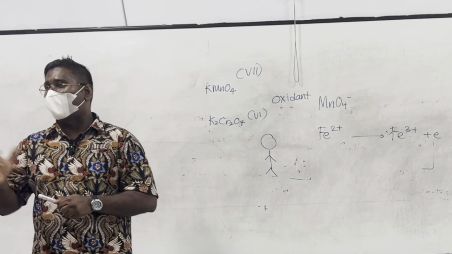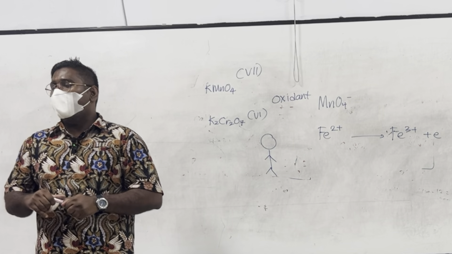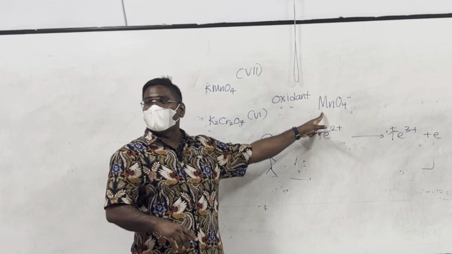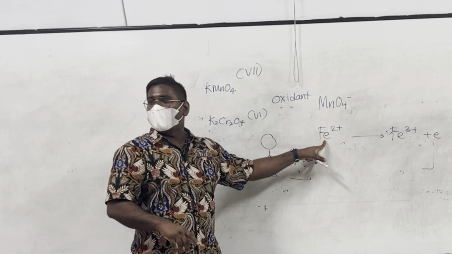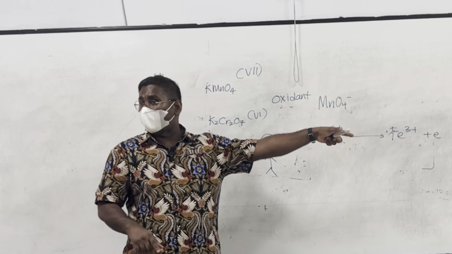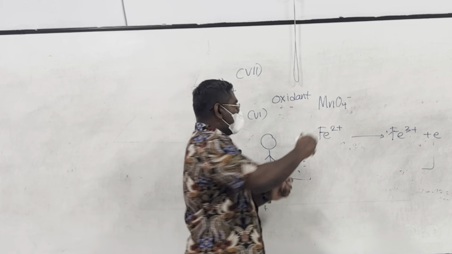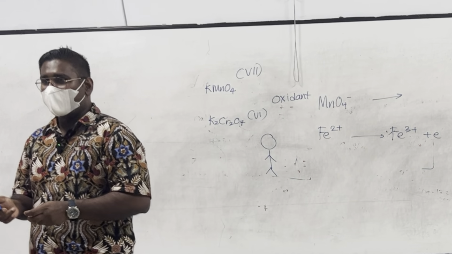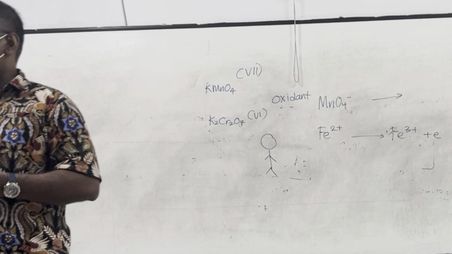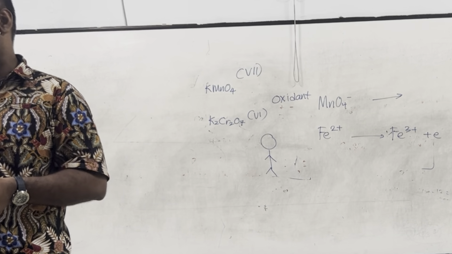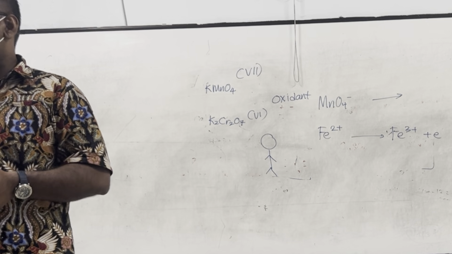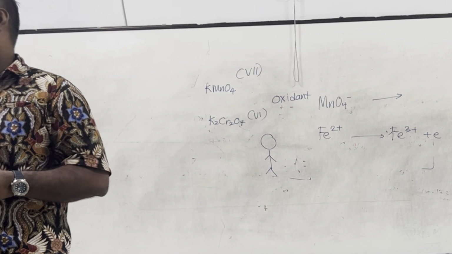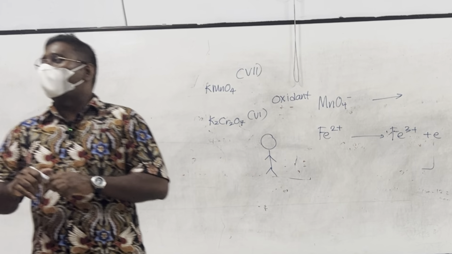MnO4- is an oxidant, or oxidizing agent, that causes Fe2+ to change into Fe3+. Now, if MnO4- is an oxidizing agent, it will oxidize others, but it itself will get reduced. So MnO4- will be reduced to become what? This is very important. It will become Mn2+.